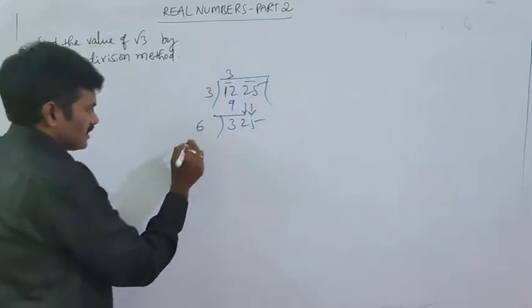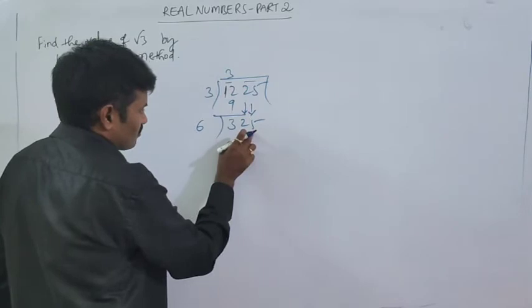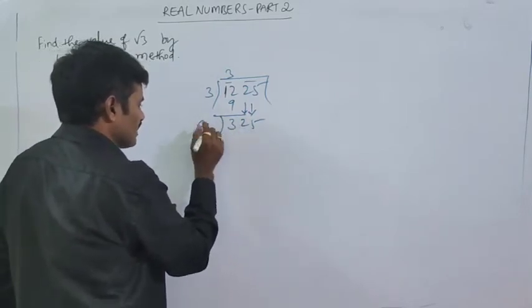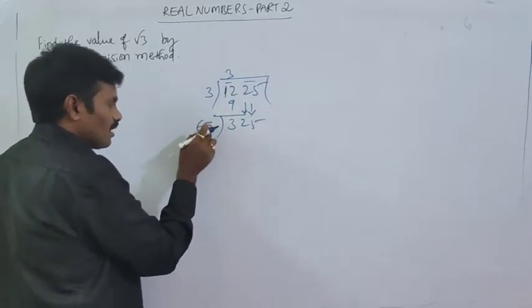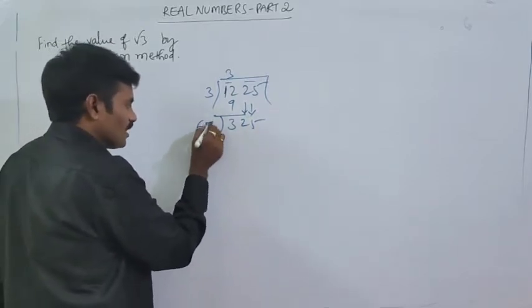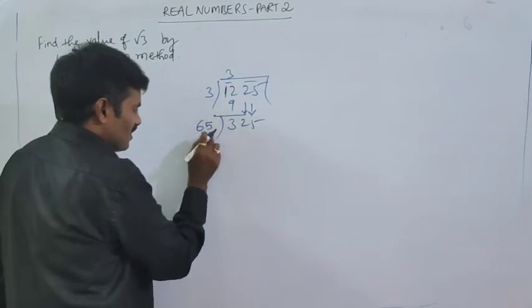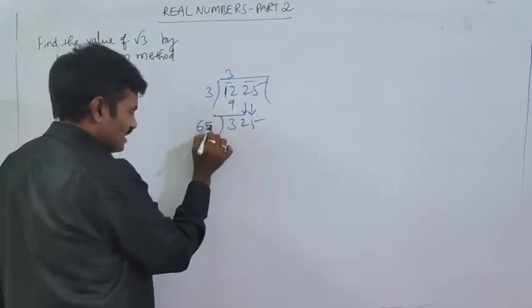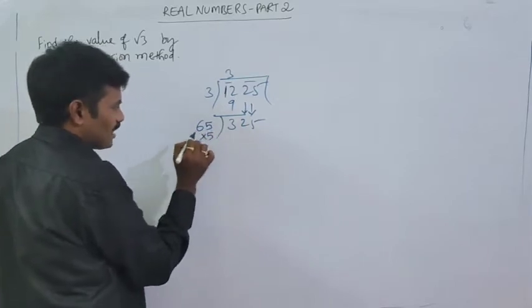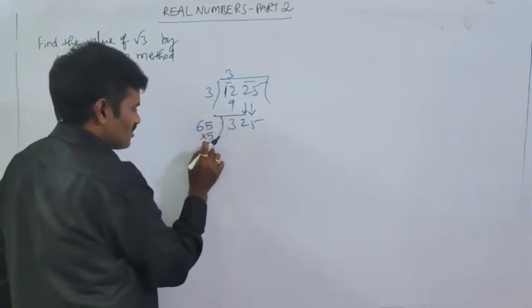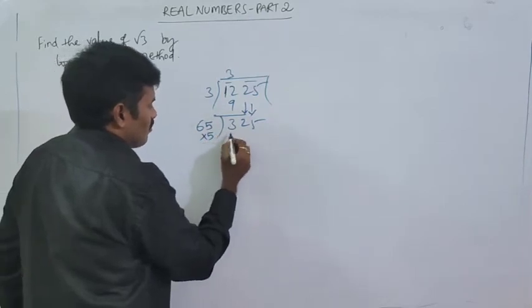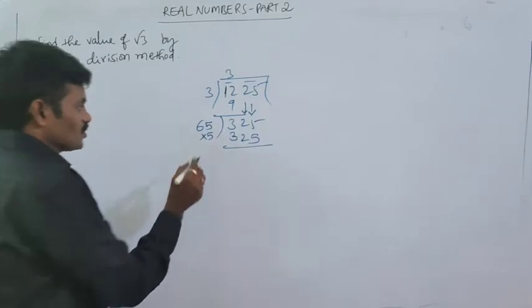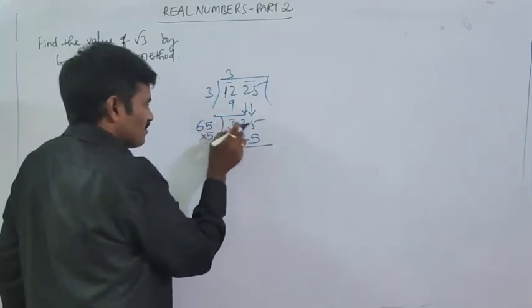See, for example, the last digit is 5. So by our assumption according to divisibility rules, we will get 5 here also. Let me check. So I am taking 5 here. I should multiply this new divisor by 5 itself. What digit I take here, with the same digit I have to multiply. So 65 into 5 is obviously 325.